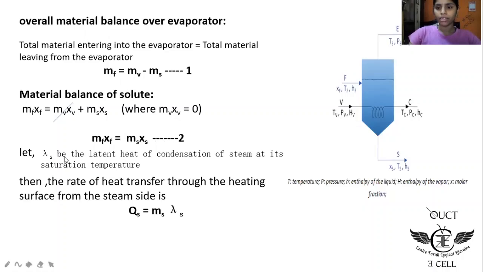So let lambda S be the latent heat of condensation of steam at its saturation temperature. The saturation temperature is nothing but the temperature at which the solution boils and converts into vapor, so it is called the saturation temperature.